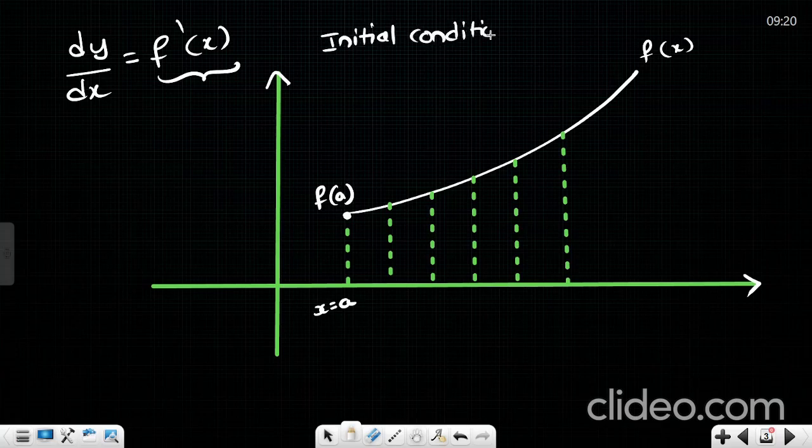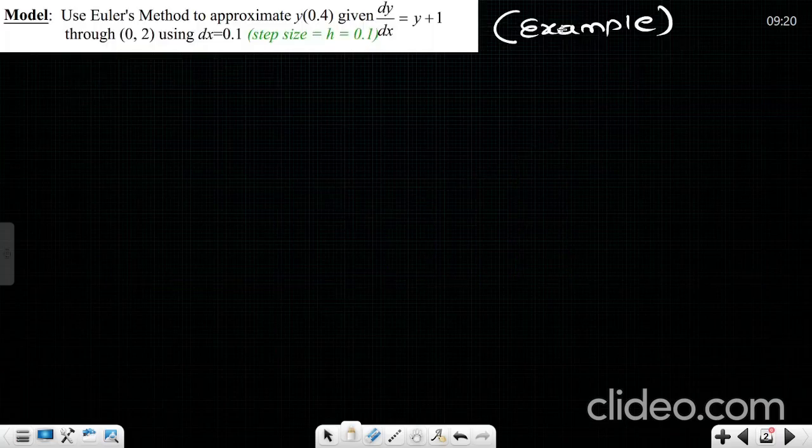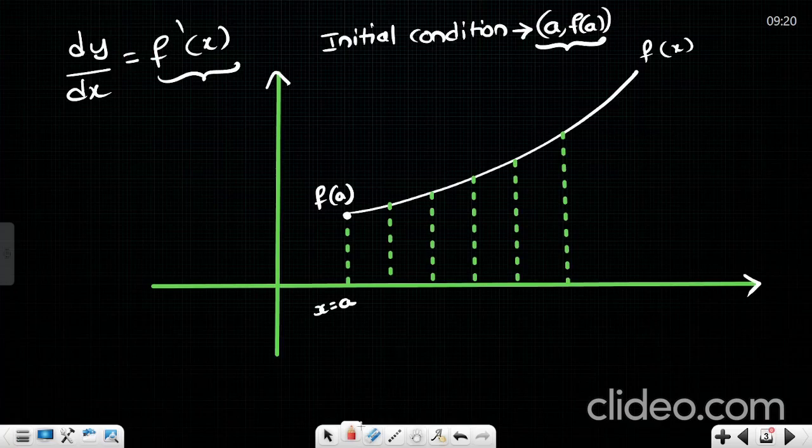So what is the initial condition given for us? A comma f of a will be given in the question for sure. In the previous question they gave the initial condition 0 comma 2. The same thing here also, they will give that initial condition. Now using this, how do we proceed ahead?